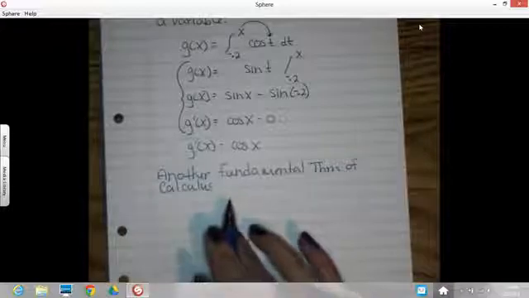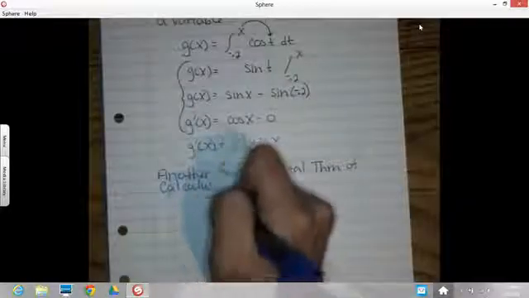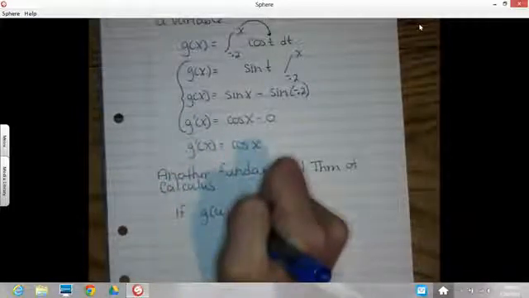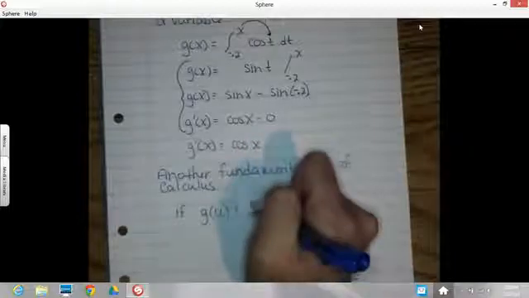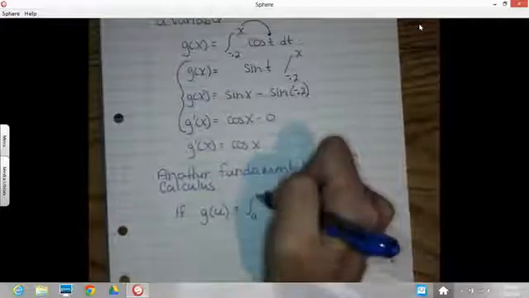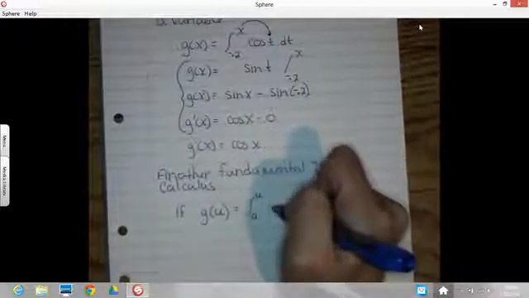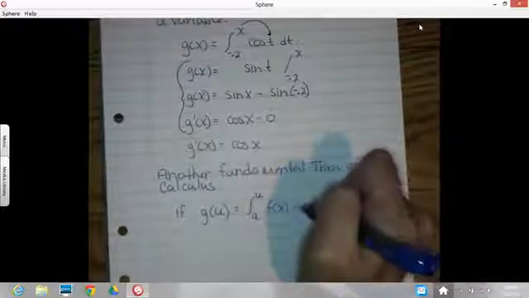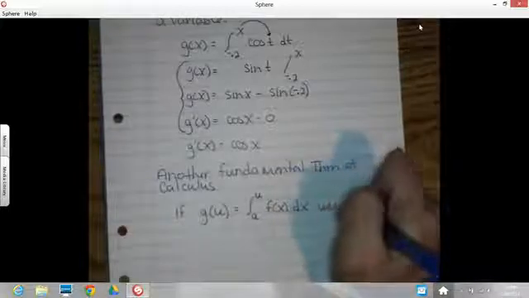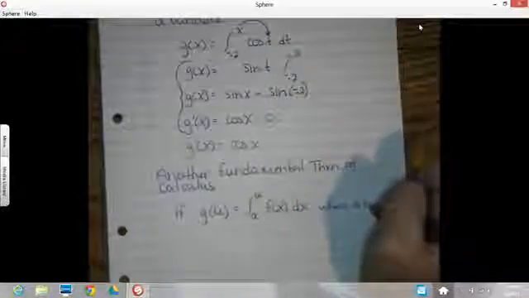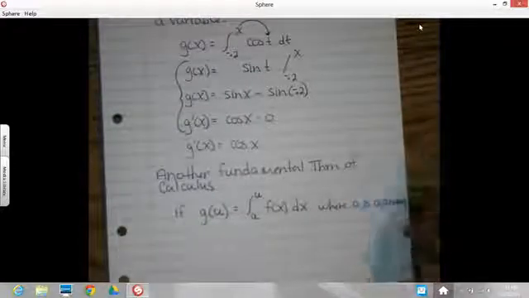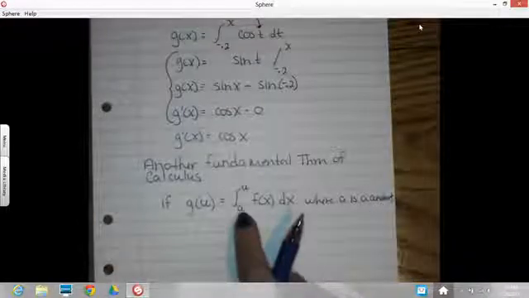Here's another fundamental theorem, which says if g of u, and it doesn't matter the letter, is equal to the antiderivative from some constant a to upper boundary u, these have to match, of some function, I'll say f of x dx, where a is a constant, that has to be a number down there.